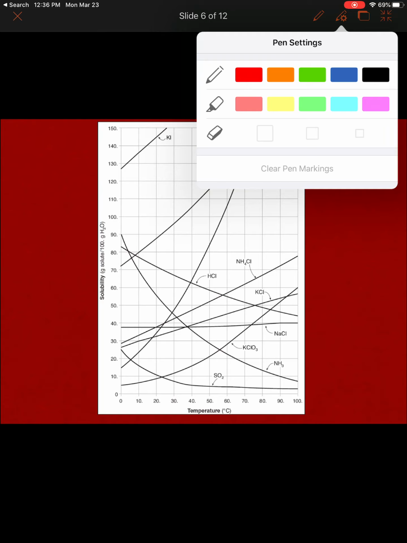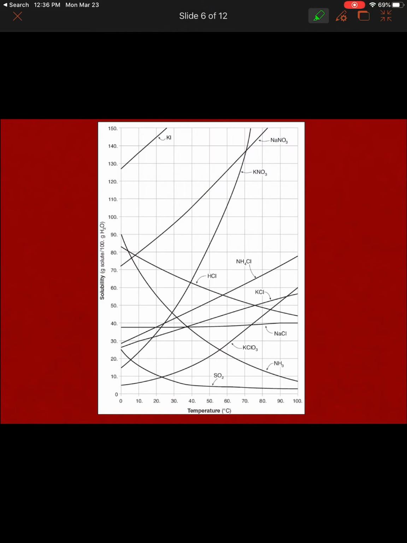And I want you to see that Table G shows the solubility curves for a variety of different compounds, right? So for example, KNO3, which is right there. This is the curve for KNO3.